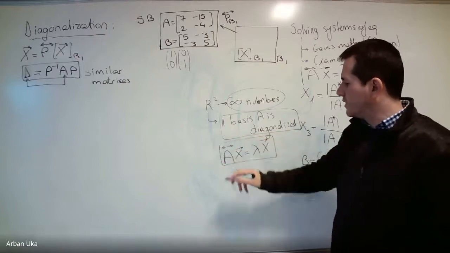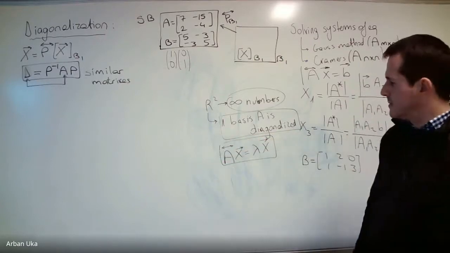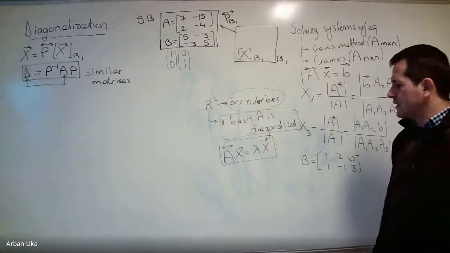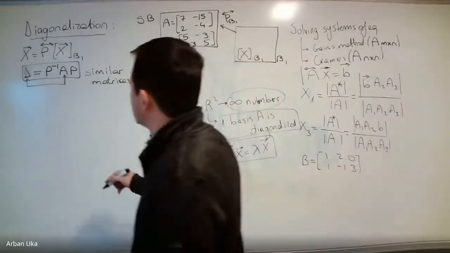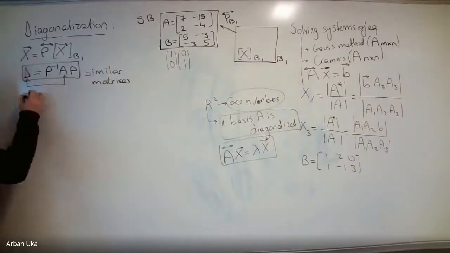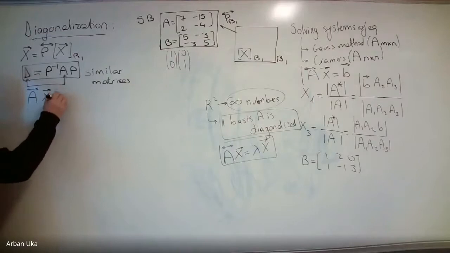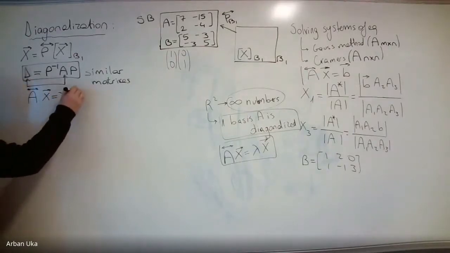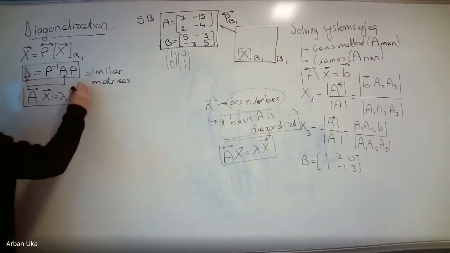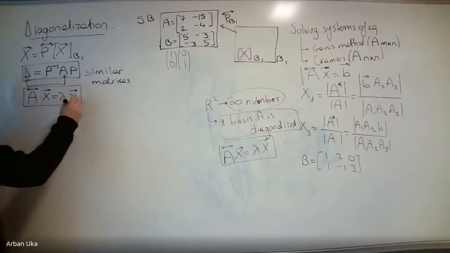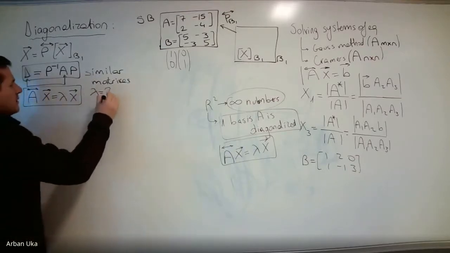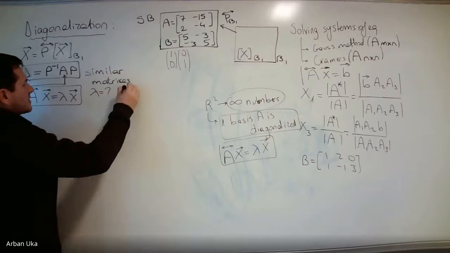This is the eigenvalue equation, and we need to solve it. Let's assume we start with matrix A, and we say Ax is equal to lambda x. From here the question is: given A, find lambda and find vector x.